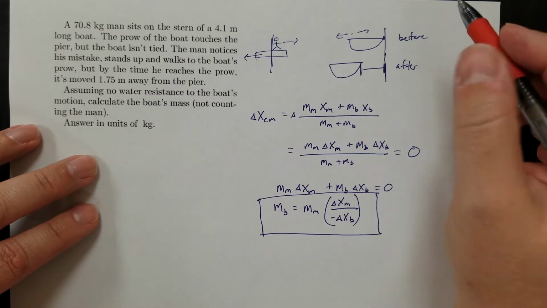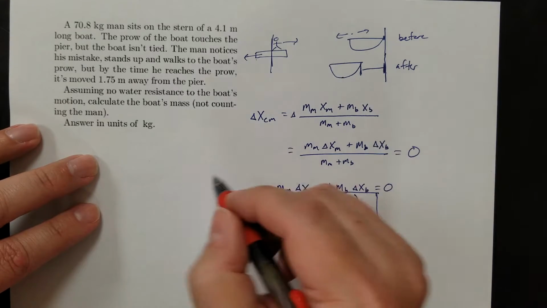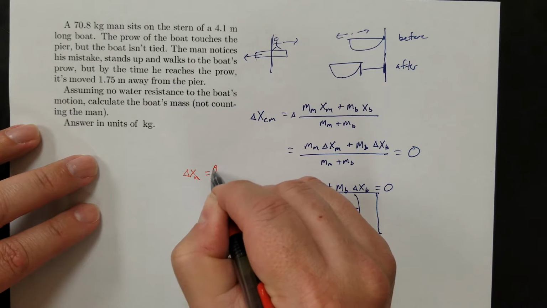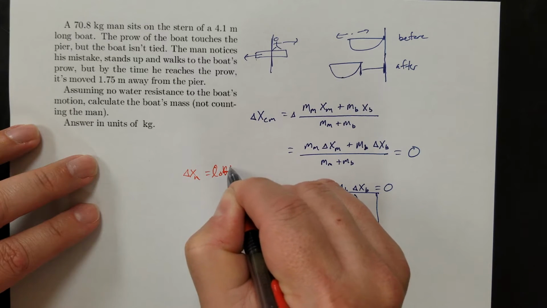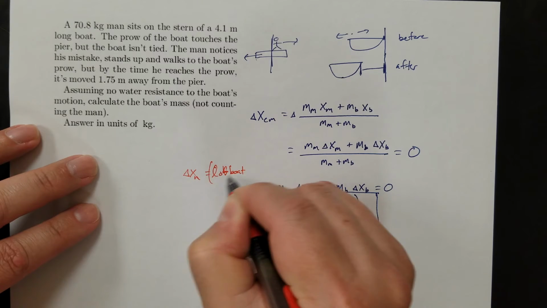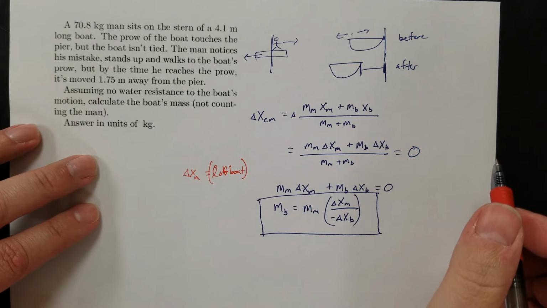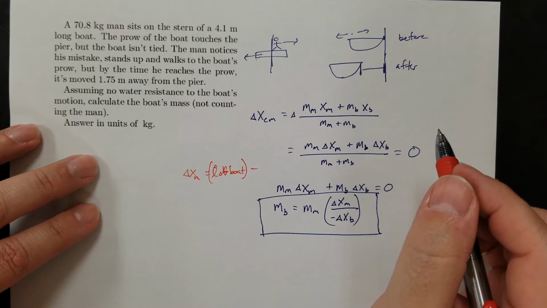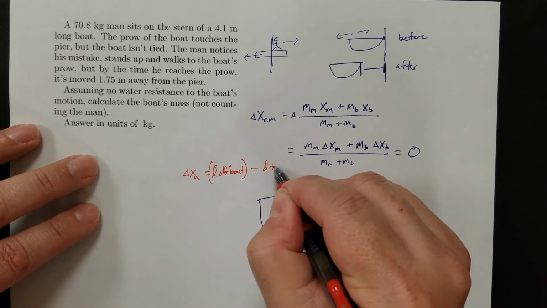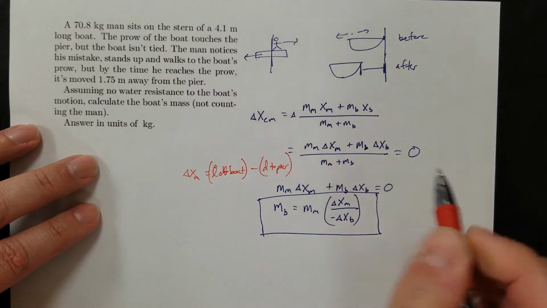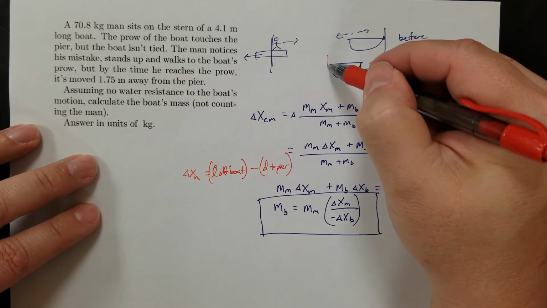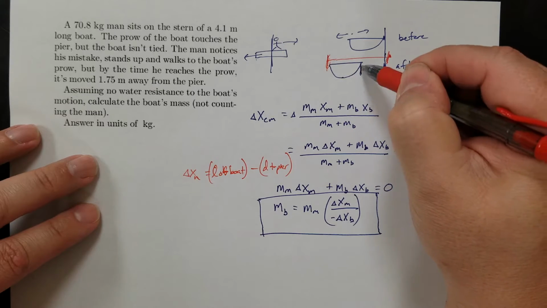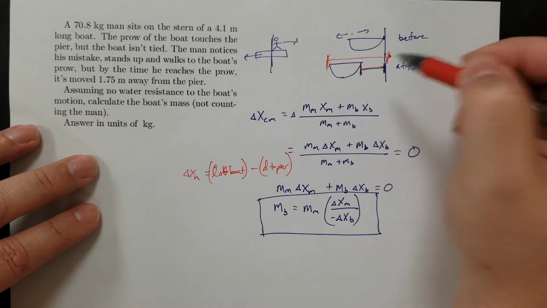So, delta x of the man is the length of the boat minus the distance it went from the pier. Right? So whatever this length, that length minus this length, that's the length the man went.